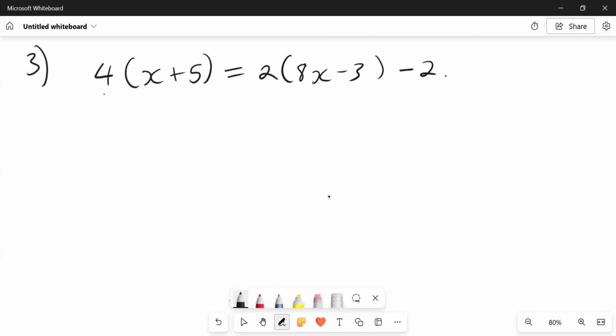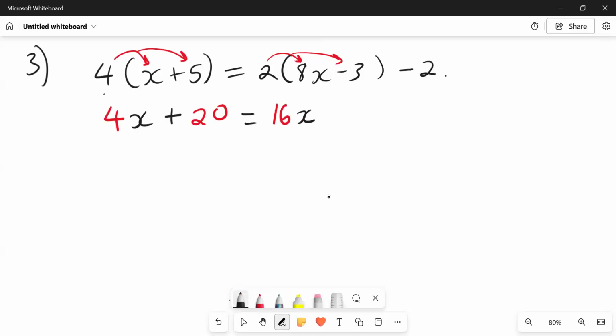Still solving for x. There's brackets there. At this stage, we understand how to take care of brackets. 4 times x, that's 4x. So I'll just write 4x in that sense. And then plus 4 times 5, that's 20, equals 2 times 8x, that's 16x.